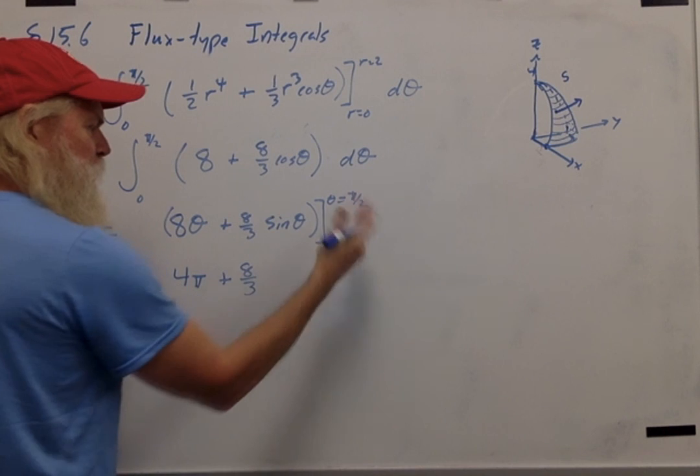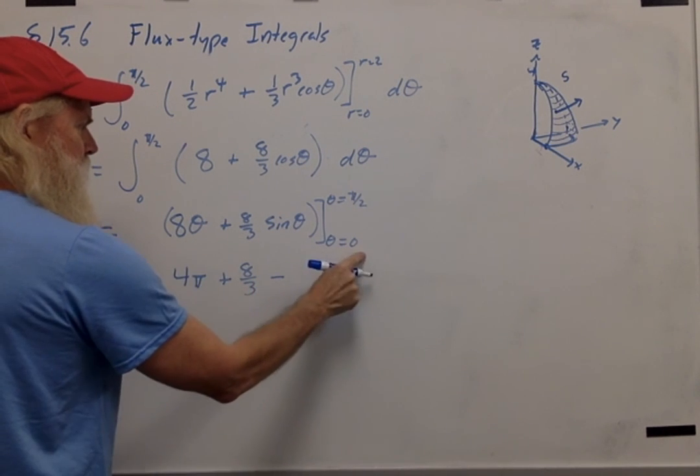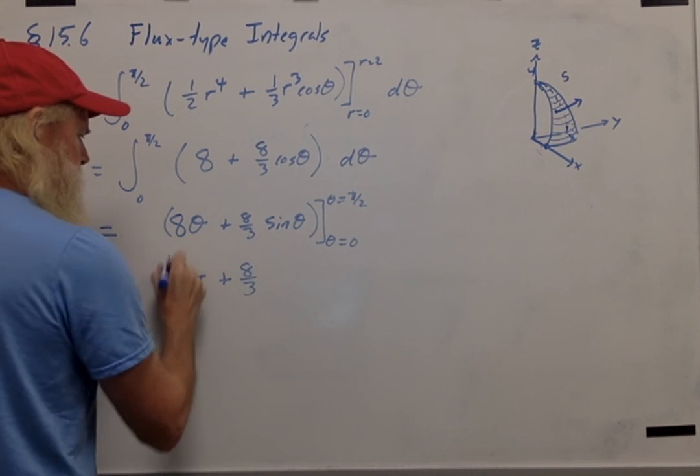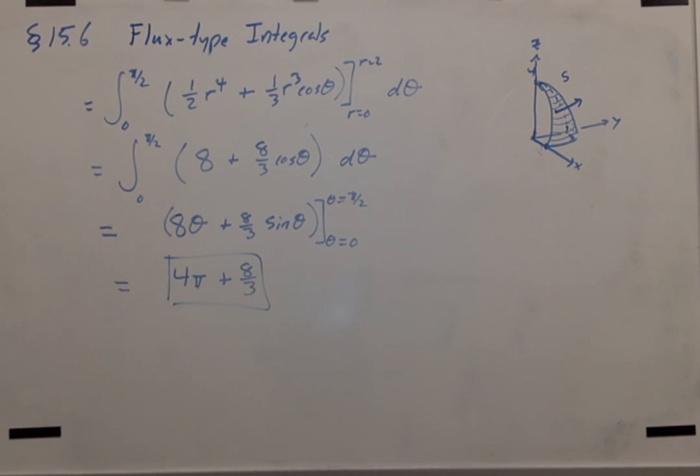Sine of pi over 2 is 1, minus 0, minus 0. So the value of this flux-type integral is 4 pi plus 8 thirds.